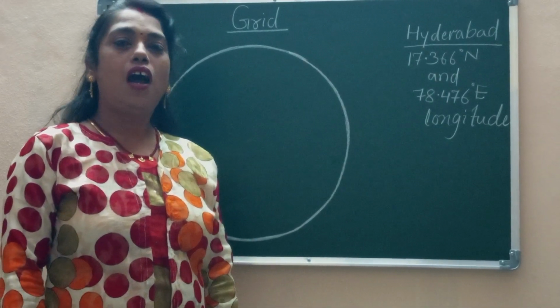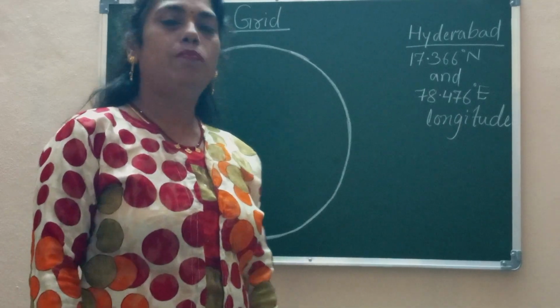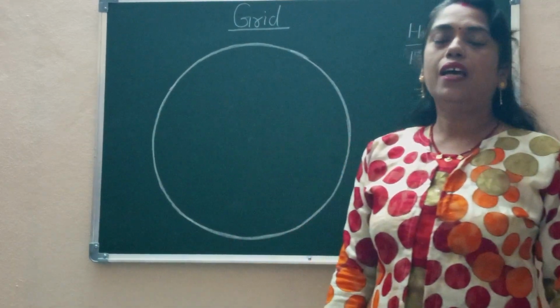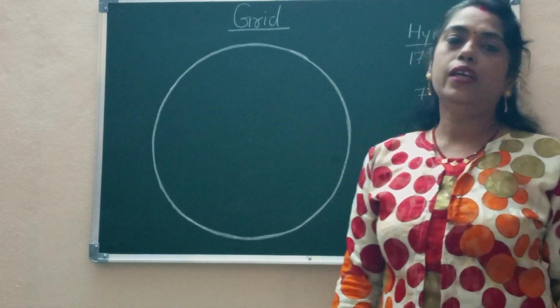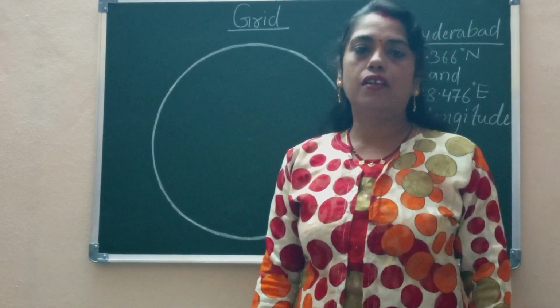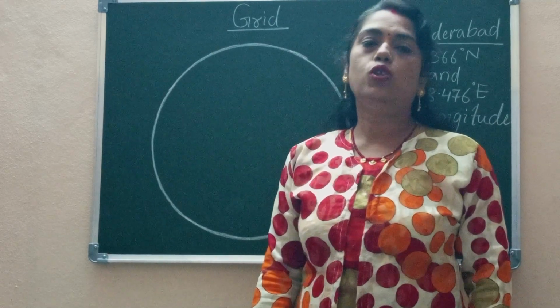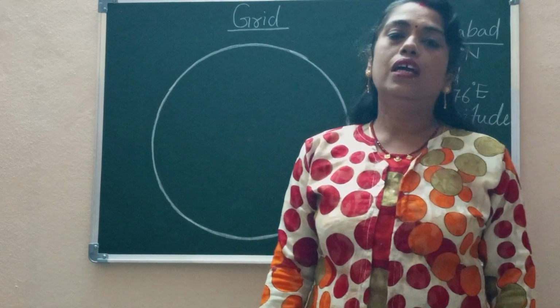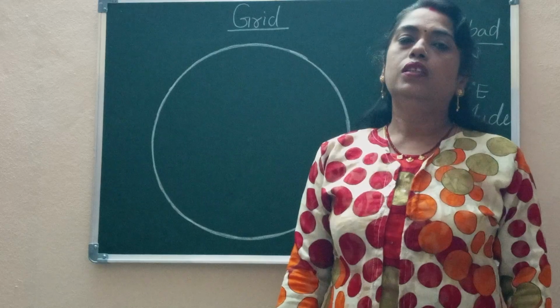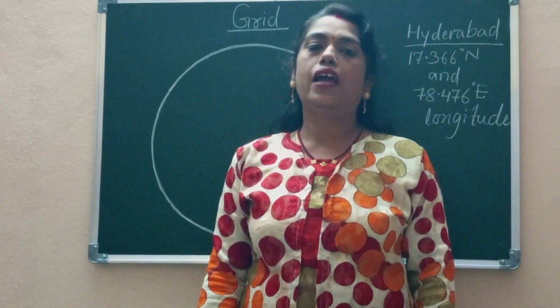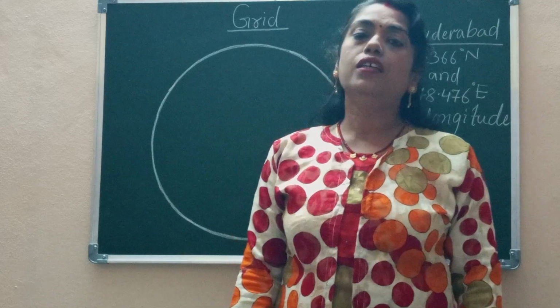Are you ready for part 3 of the imaginary lines? I have already discussed the imaginary lines with you. In part 1, I told you about the lines of latitude. The lines of latitude are full circles, and the largest circle is the equator.